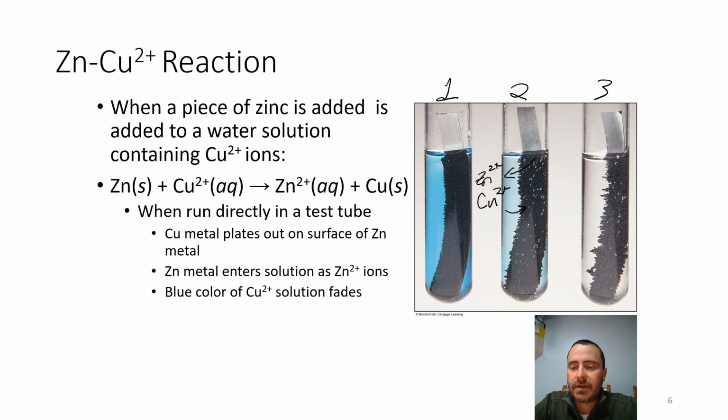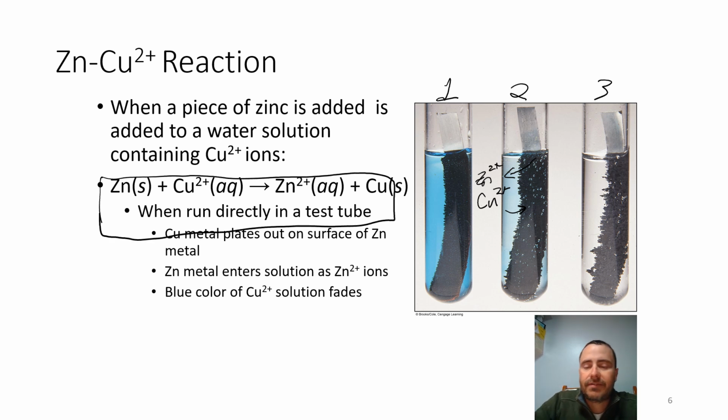Those two things are happening simultaneously, which is shown on our equation here. Our copper-2 is gaining electrons, and our zinc is losing electrons. So for our zinc, oxidation is a loss, it's losing electrons, so it's being oxidized, while the copper-2 is being reduced.